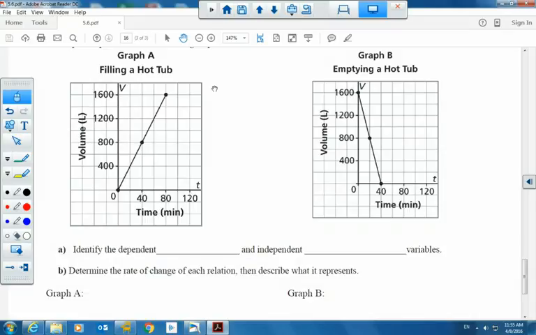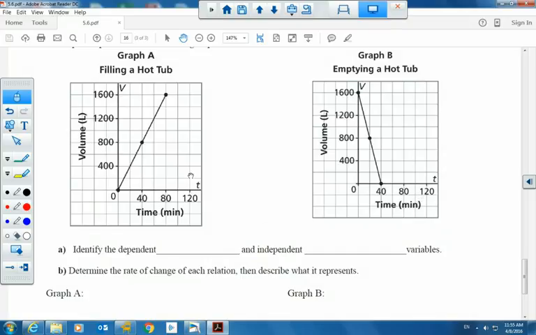The volume is increasing as time goes on. And how about this one? Graph B, you're emptying it. It's decreasing over time because your slope is downhill. Okay, so we should have a positive rate of change for this one and a negative rate of change for this one.